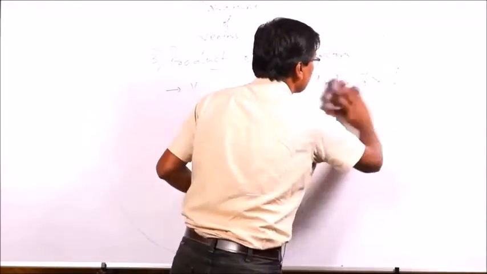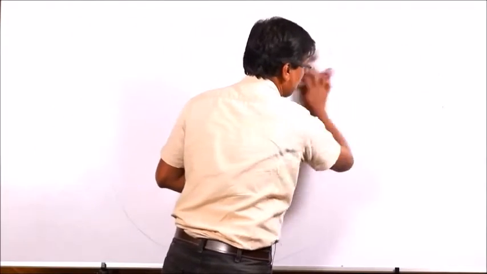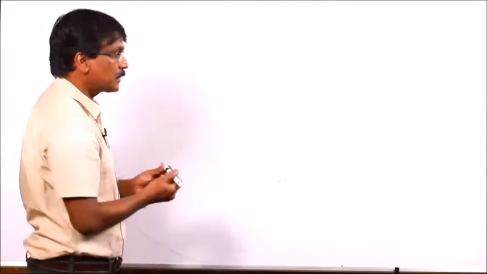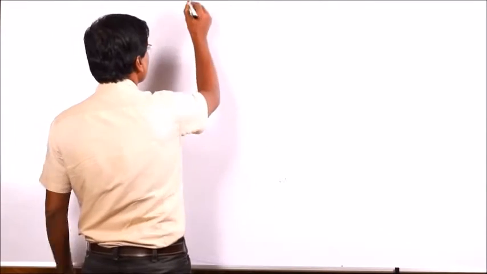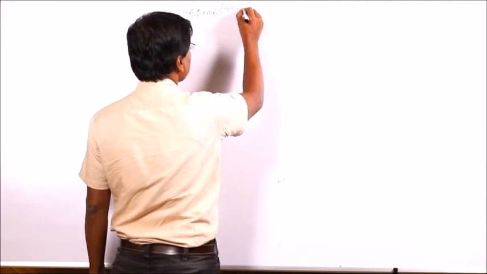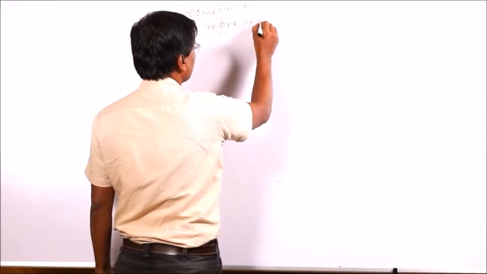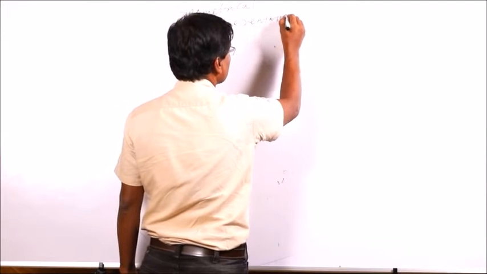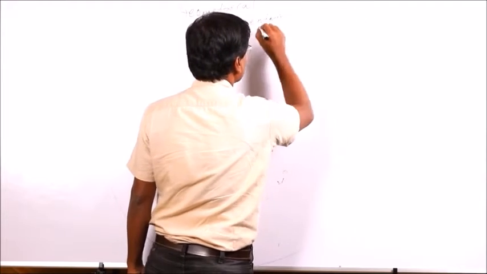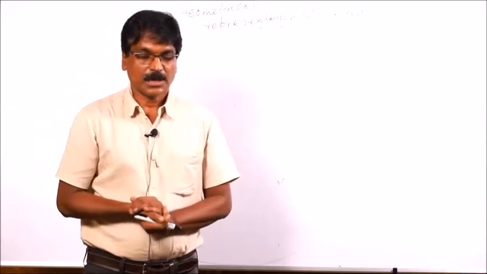So in mathematics we have the geometrical representation of vectors. First of all we come to two dimensions.